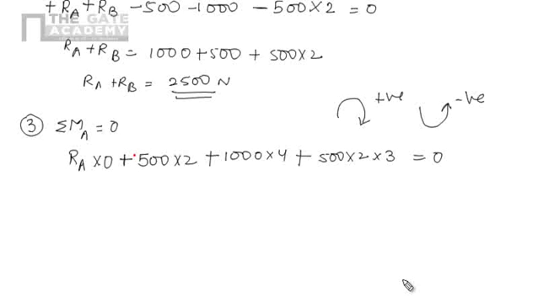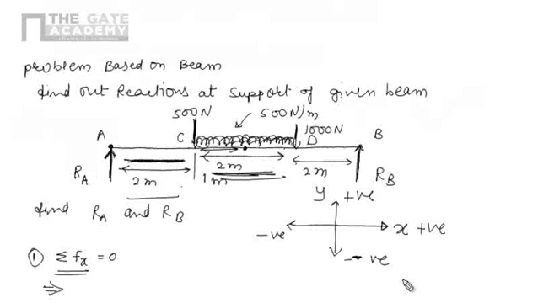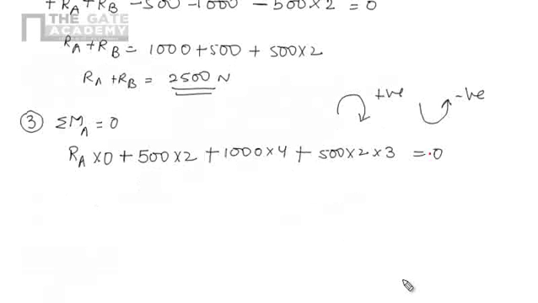And one more moment we have to see, that is due to RB into 2 plus 2 plus 2, that is 6. So we can take RB into 6, that is in clockwise direction, and now we have to equate it with 0.